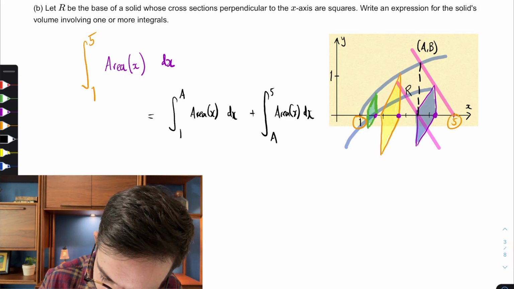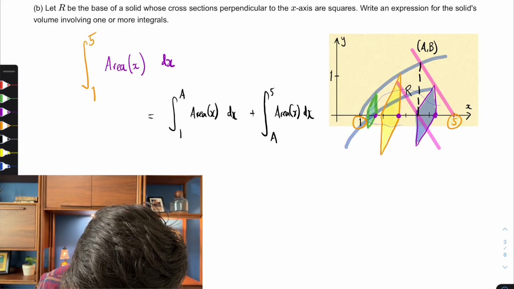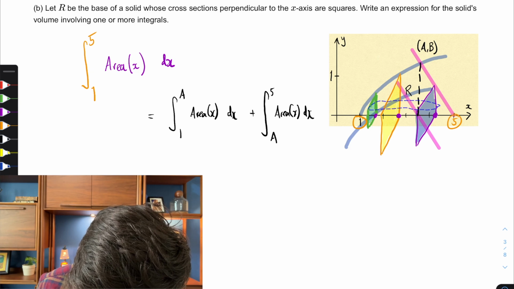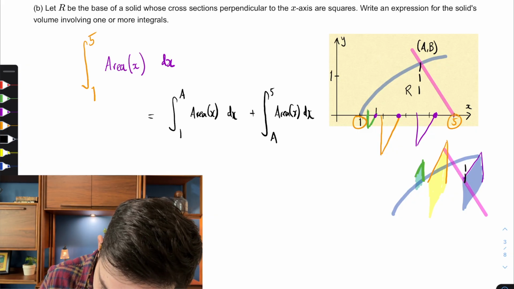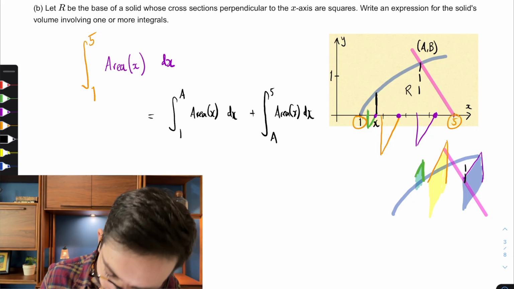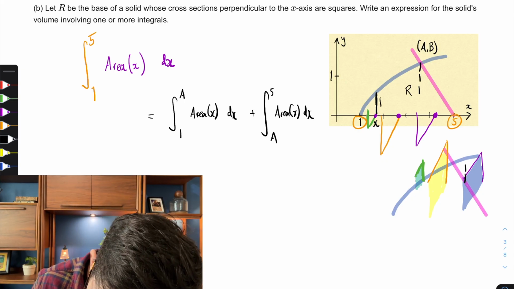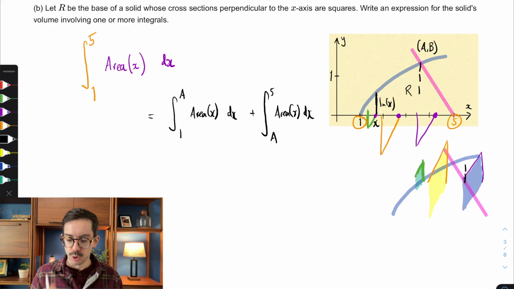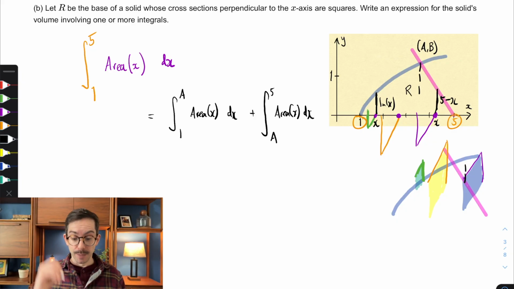Let me tidy this up a little bit. Okay, that's a little bit better. If I take this point here, and I call that x, what is the side length of that square cross section? Well, it's given by ln x, right? That was the distance from the x-axis up to the curve there. And over here, if this is my point x, that's going to be 5 minus x, because that's the rule giving me the pink curve.